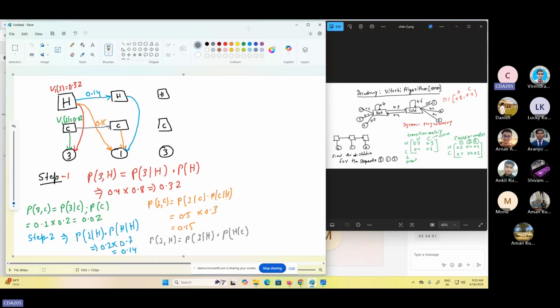Its value will be 0.2 into 0.4, which is 0.08. Another one we can see, P(1|C) into P(C to C). So it will be 0.5 into 0.6, which is 0.30. So this value will be 0.30.